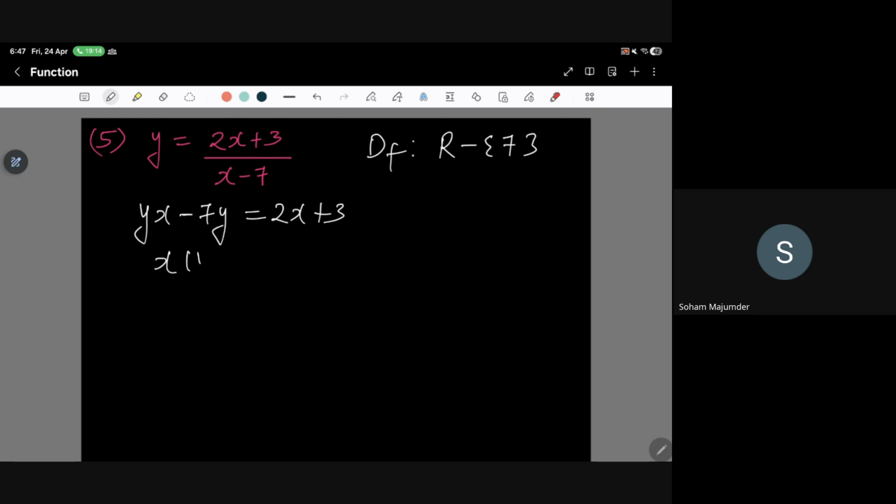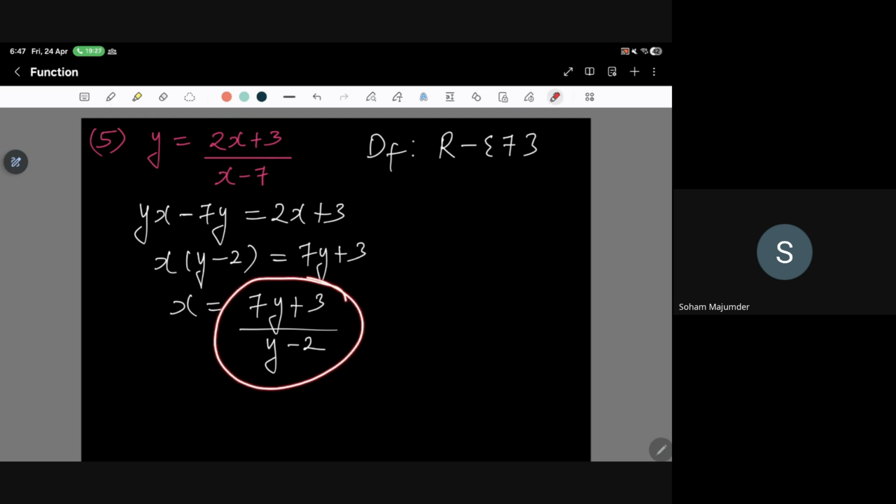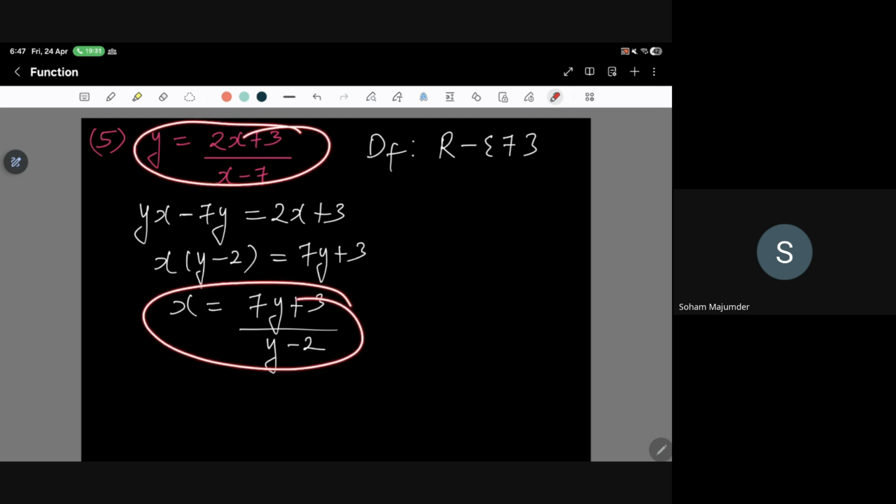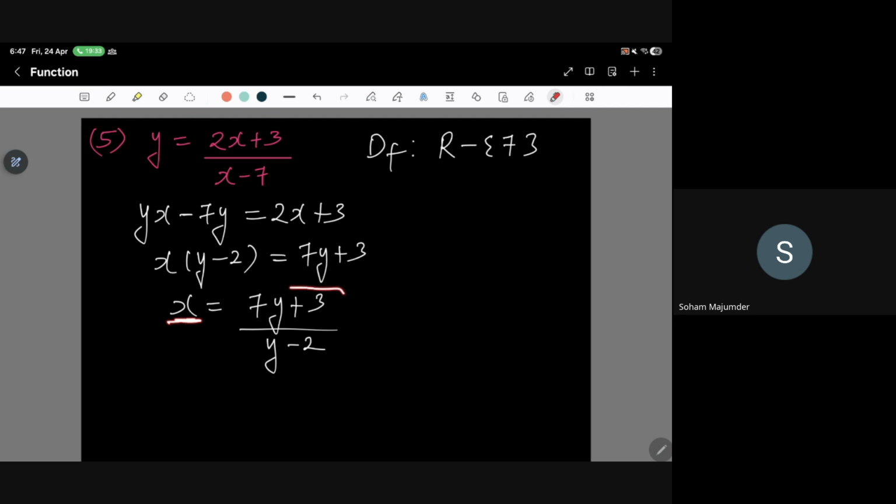So xy minus 2x, so x comes out to be 7y plus 3 upon y minus 2. Now this is the function in y. Both are same basically, but now you have found out the x in terms of y.